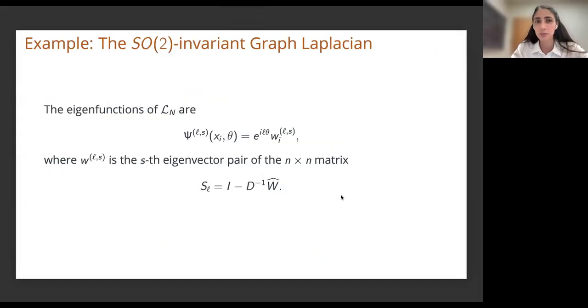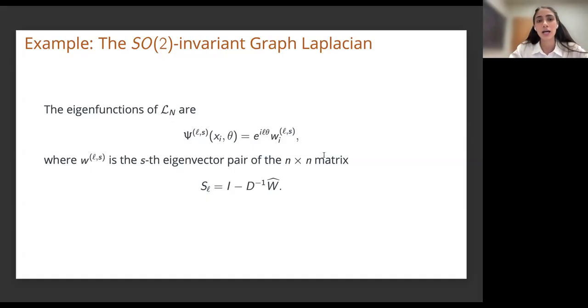As an example, consider again the annulus. So we have the group SO2. It is an abelian group, which means that all of its representations are one-dimensional, and we know exactly what they are. They're just the exponentials that are parameterized by L, which is an integer.